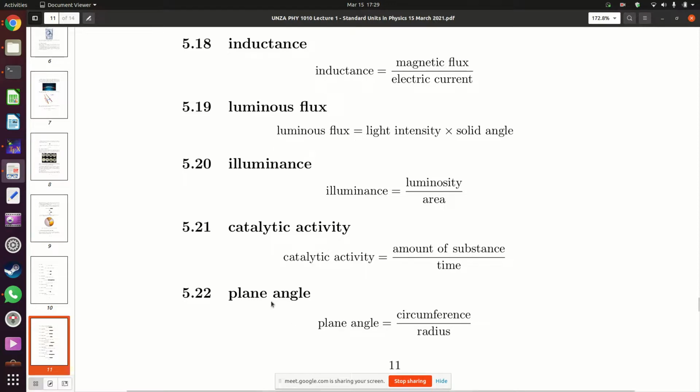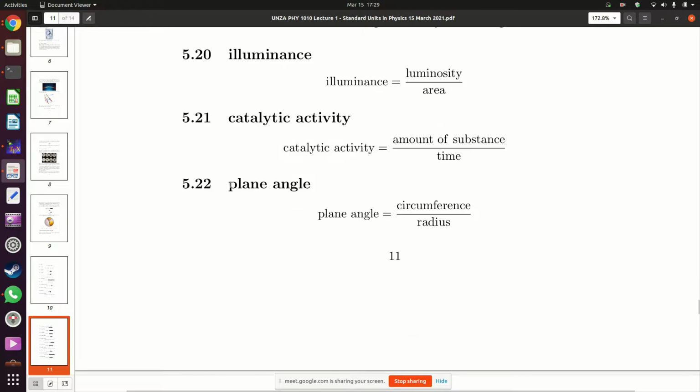Then there is this one. This is an interesting one. Plane angle. Plane angle is what you call the angle, your normal, day-to-day angle. So the angle is 30 degrees or 40 degrees or whatever it is. In physics, we call that the plane angle. So how do you find out what the plane angle is? Plane angle is equal to the circumference divided by the radius.